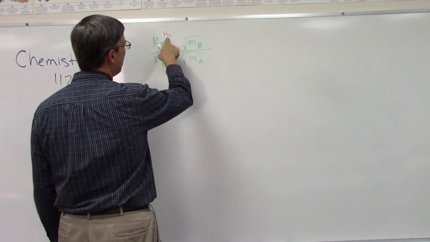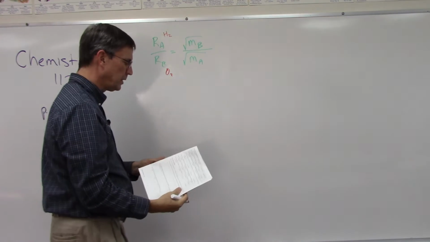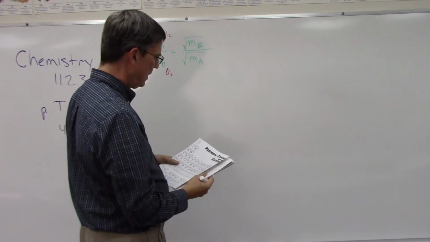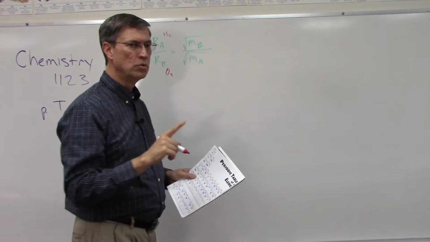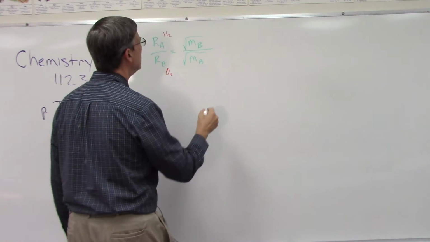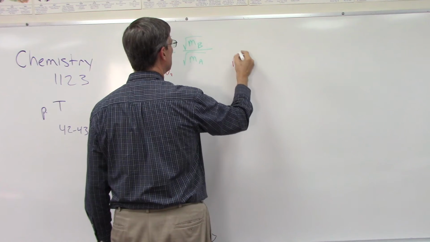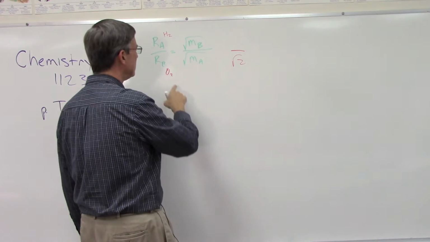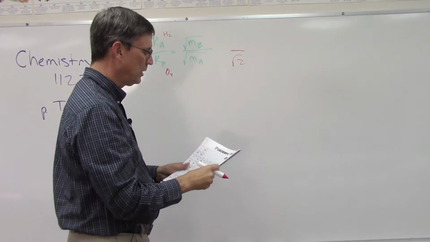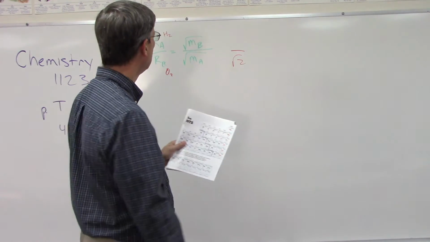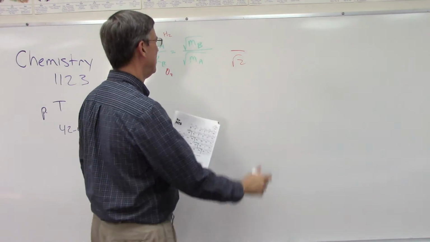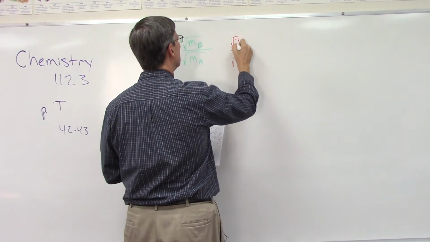So we can look up hydrogen on our periodic table, and I have one right here. And hydrogen's mass is 1, but notice this is H2, so the mass is actually 2, okay? Square root of 2. And then the mass of B, oxygen's mass, if you look at your periodic table, is basically 16, but I have 2 of them, so it's 32.